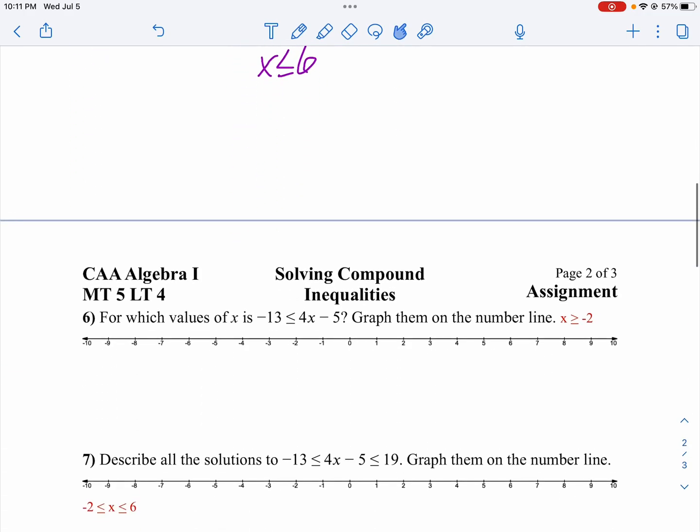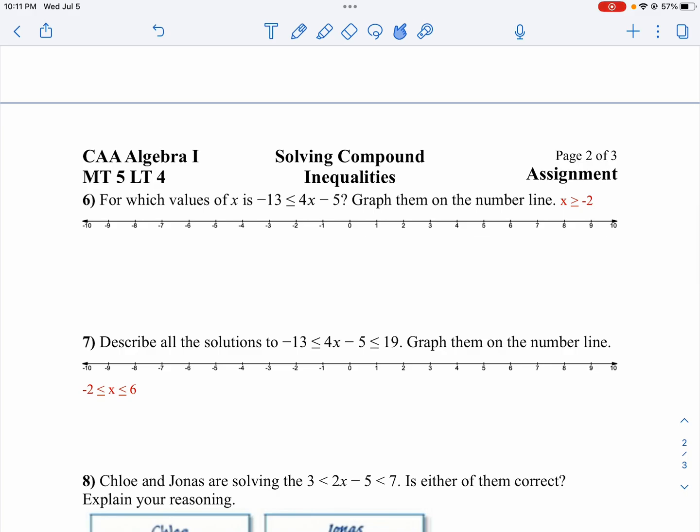Okay, continuing on with that, let's solve and graph. Negative 13 is less than or equal to 4x minus 5. So I will add 5 to both sides. So then I'll get negative 18 is less than or equal to 4x. Let's try that again.